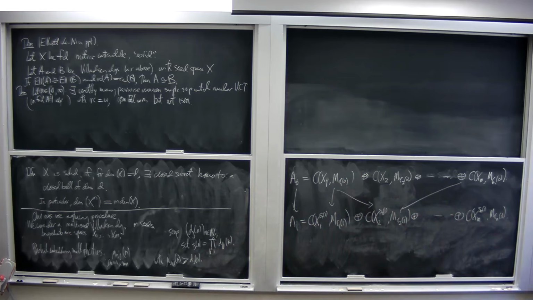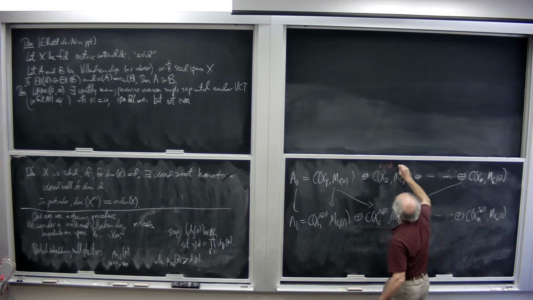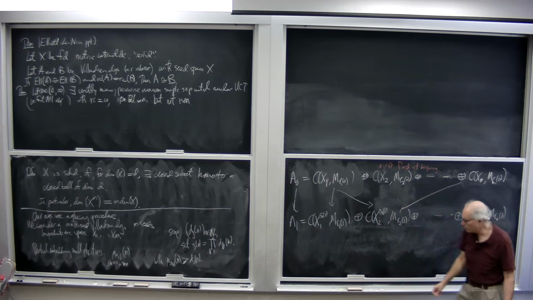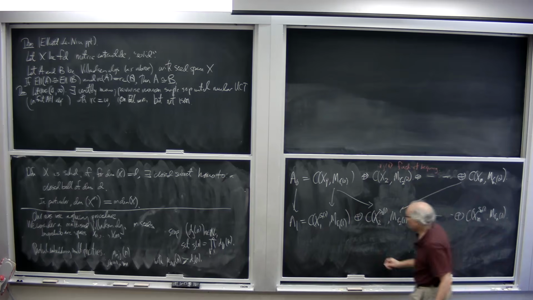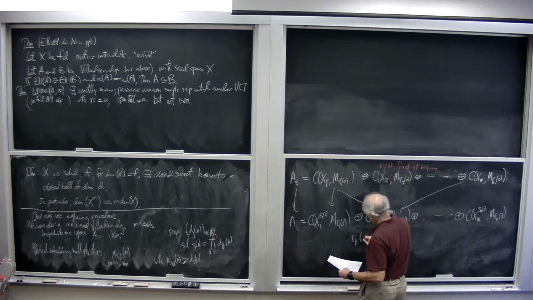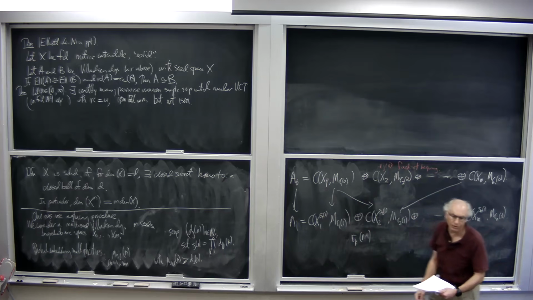So the Rj of 0 is fixed at the beginning. Part of the information goes into the construction. And let's say k of n plus 1 is, so this map is supposed to be unital.